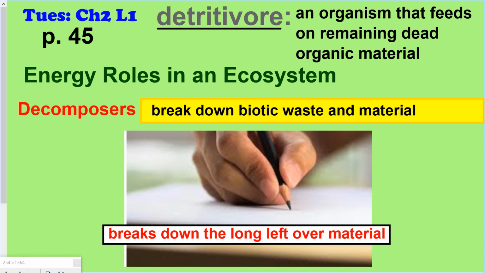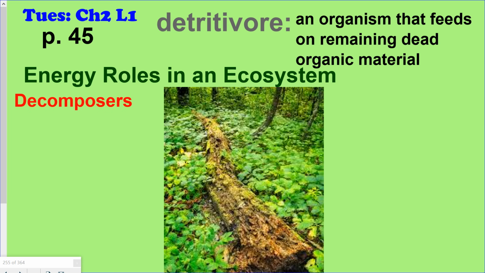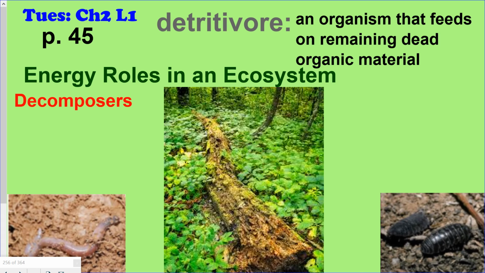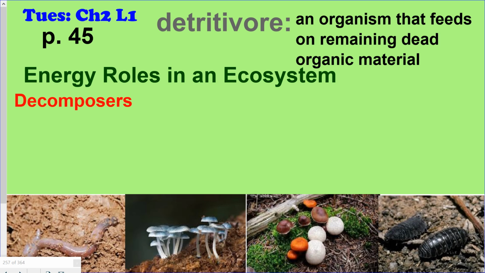When we look at all the material that's left over, such as this log, you might see fungus growing on it, you'll see insects in it and on it, because they're detritivores, and they break down the material that was originally inside of the tree. A fungi, notice, is not a producer. It is a decomposer.